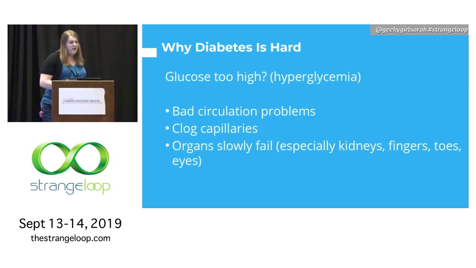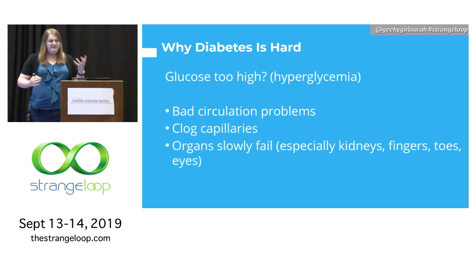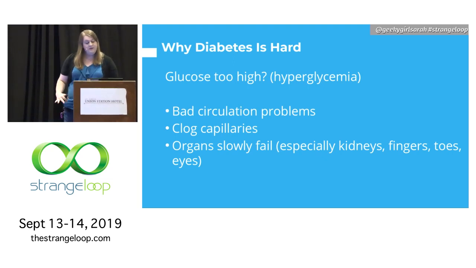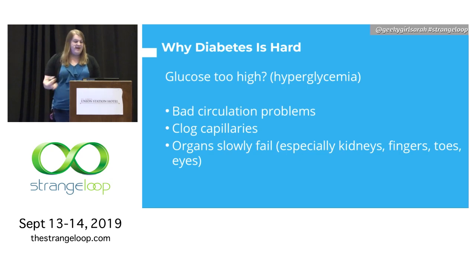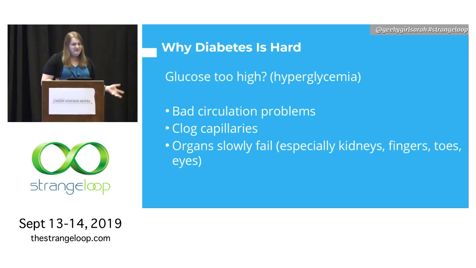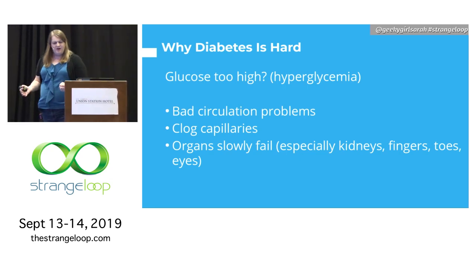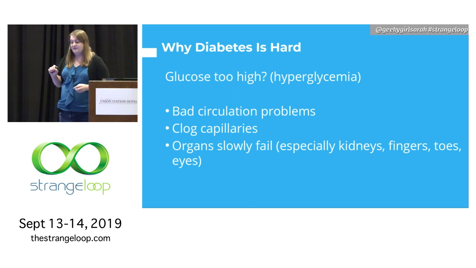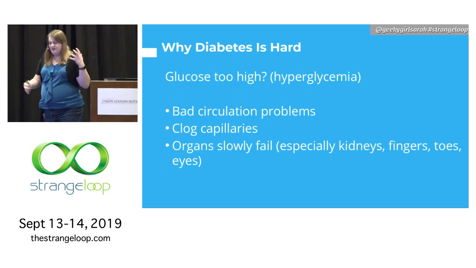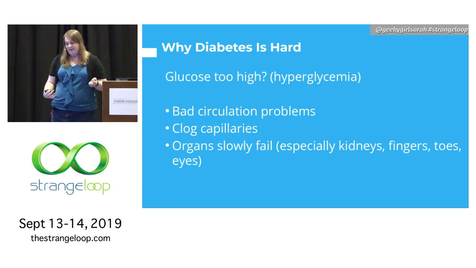So these numbers are important because bad things happen if they go too high or too low. If your glucose goes too high, you have what's called hyperglycemia. That's basically where you start to have bad circulation problems. Little glucose molecules get clogged in your capillaries, the really tiny blood vessels, and you start to have circulation problems that compound over time.